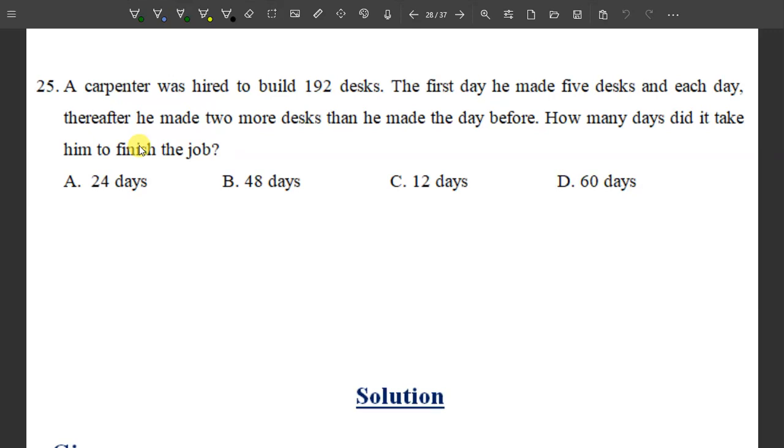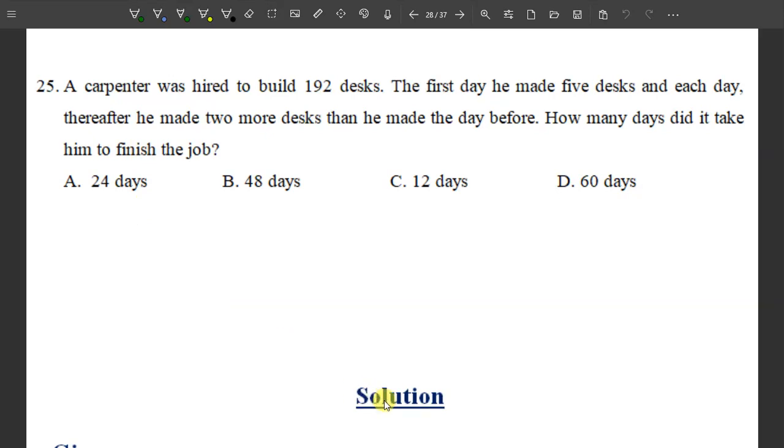How many days did it take him to finish the job? That is what the question says. The first thing you have to do is understand the question. And the next thing is to apply the appropriate sequence and series. Now let us see.